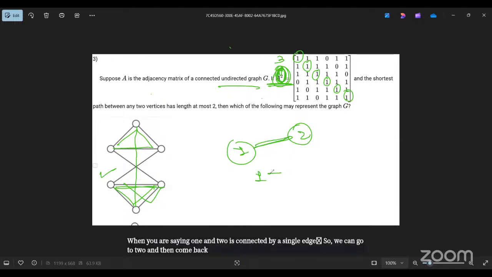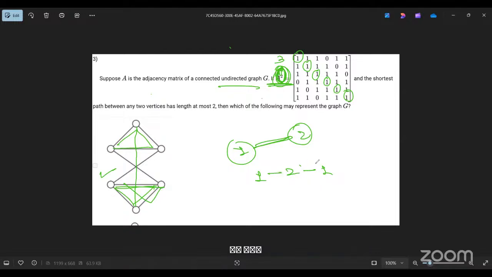That means the path will be 1 to 2 and then 2 to 1. Oh, yeah. It is not a cycle though. Yeah, but in undirected graph, we don't consider such cycles, at least 3 elements, when we are using the same edge.